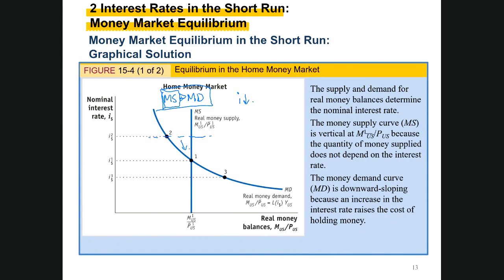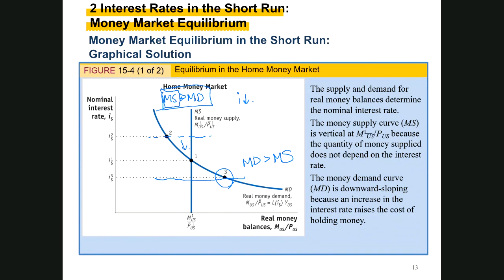Okay, what about point number 3? At point number 3, the money demand is larger than money supply, right? So a lot of people want to withdraw their money out of the bank. They want to hold their money in their pocket.